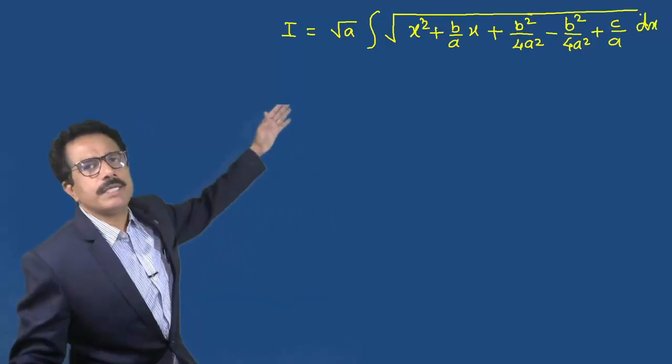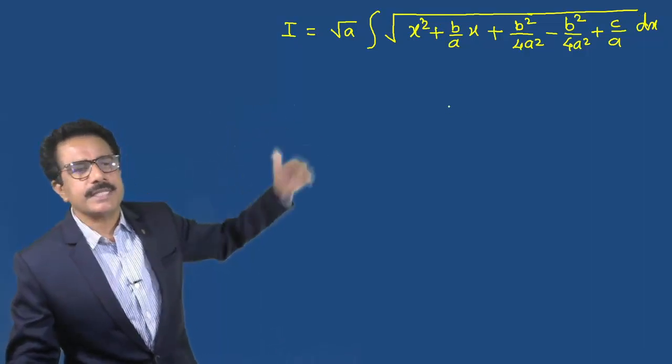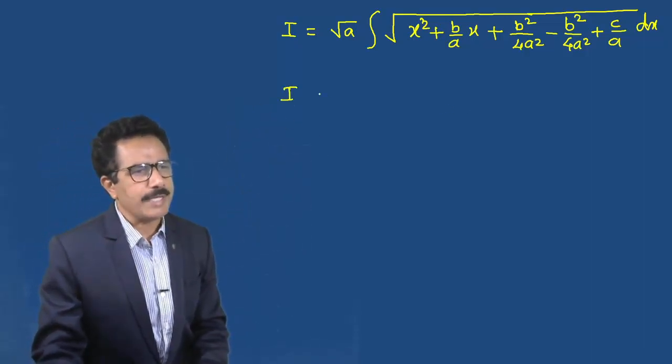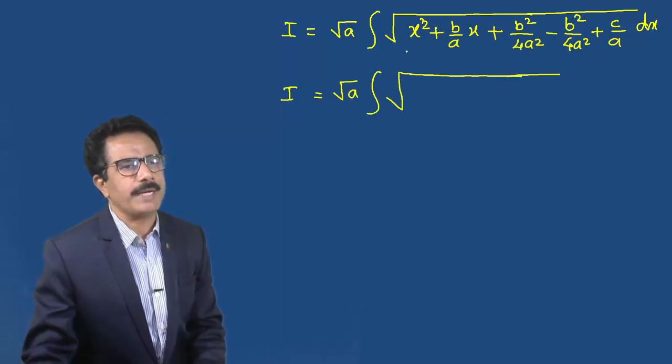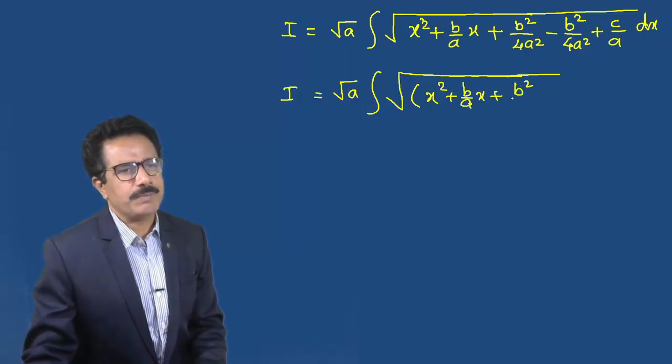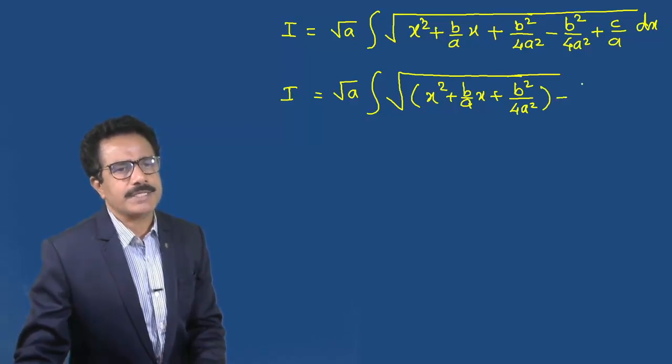See this, we studied this method yesterday in the last lecture. So I is root of a into integration of, separating these two parts, x square plus b by a into x plus b square divided by 4a square, minus b square divided by 4a square minus c by a.